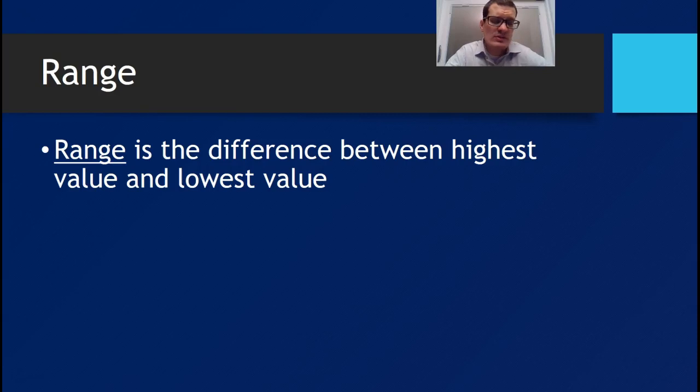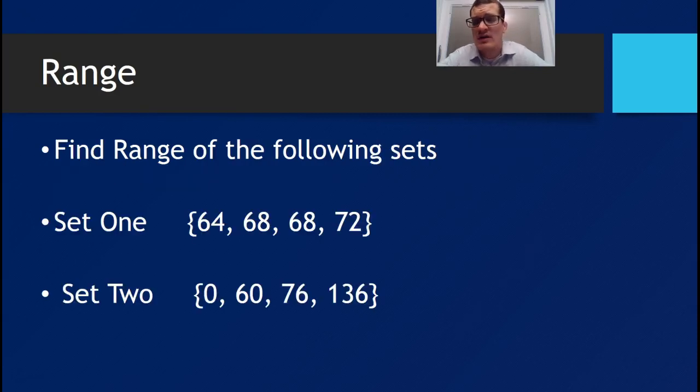For set 1, the highest value is 72 and the lowest value is 64. What is the distance between 72 and 64? That just requires me to subtract 72 minus 64, so the range of set 1 is 8.